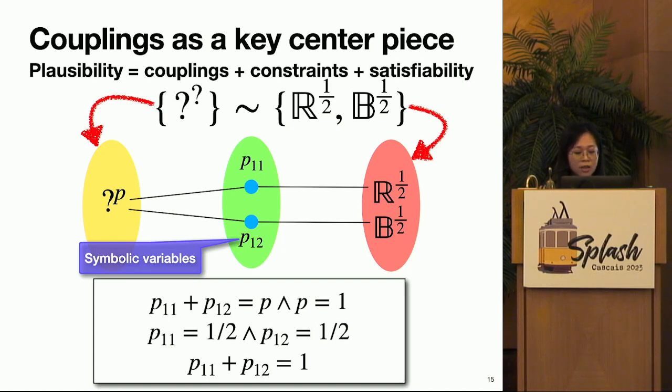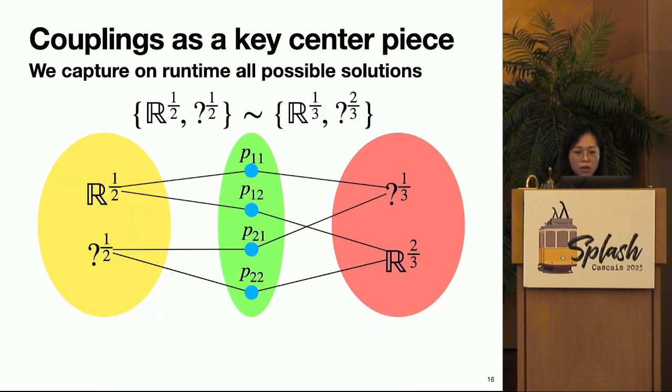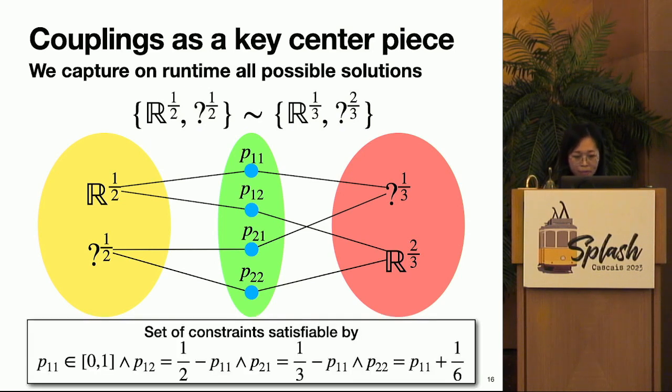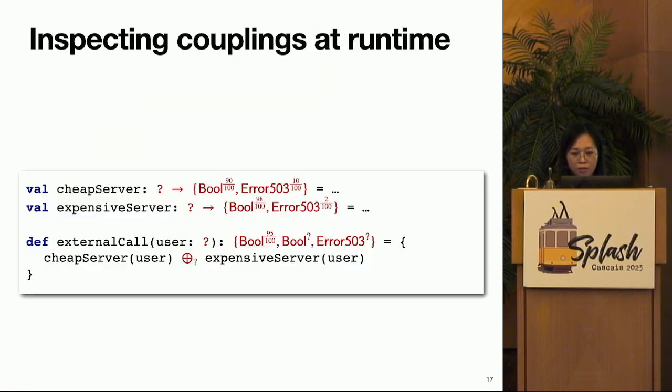So the coupling is going to induce the lemma to know if this consistency relation holds. We ask an SMT solver, for instance, if this is satisfiable. This could be more complex, and the answer will not always be 1, so we just list this example. And these are the constraints, and you can see the answer is a range, not just one solution.